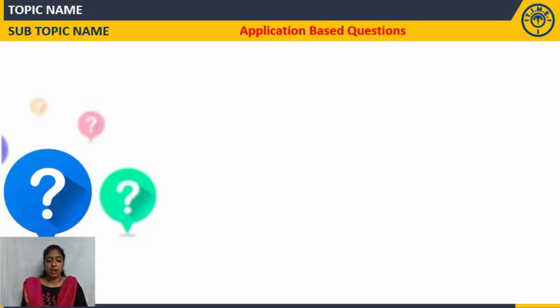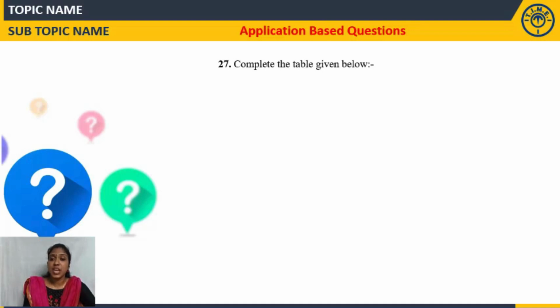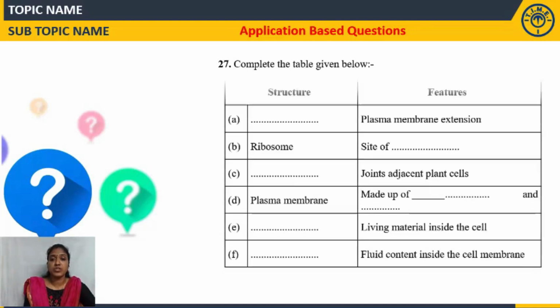This question is based on your application level of knowledge, whether you can apply the concepts that you have studied in your basics. So question number 27, complete the table given below. So we have to check whether we can do it or not.